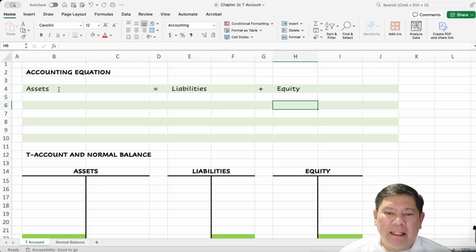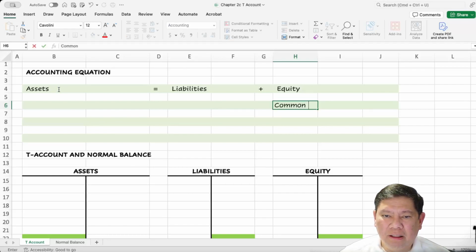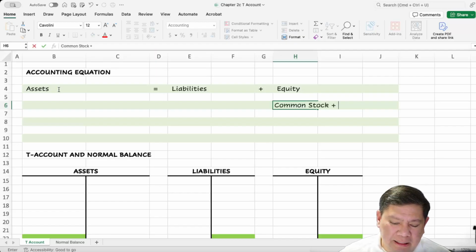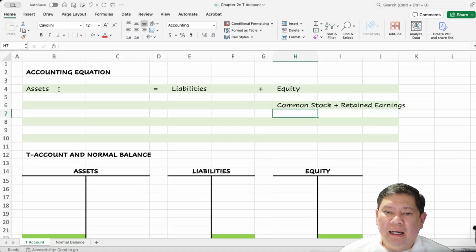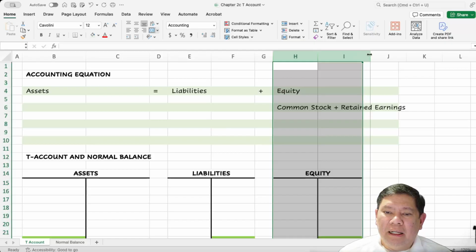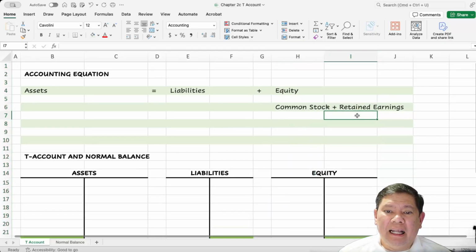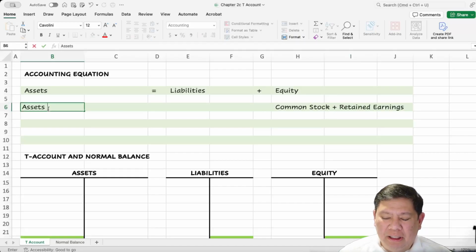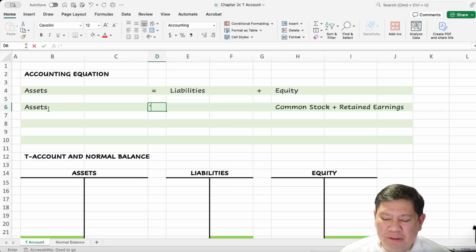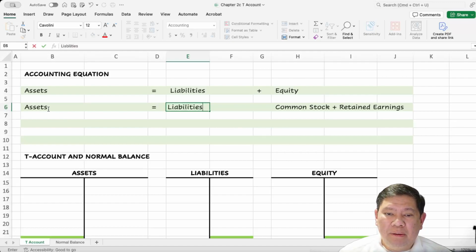Okay, and we know that equity consists of common stock plus retained earnings. And retained earnings is the accumulated net income. So we know that revenues are going to increase net income, and revenues are going to increase retained earnings or equity.